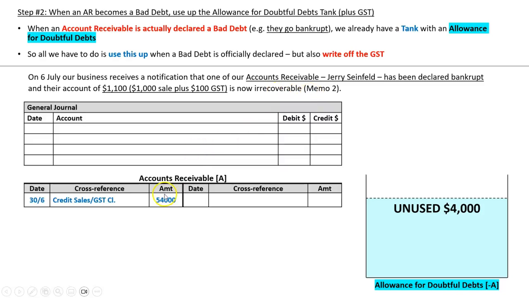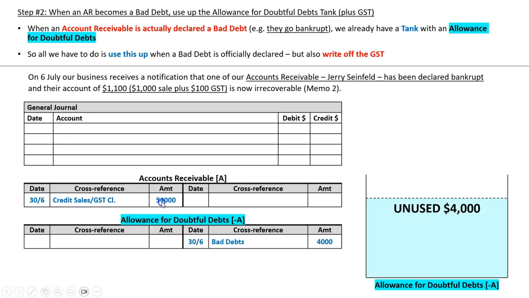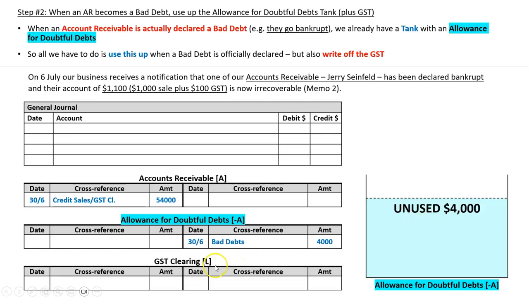So we've got the ledger account receivable, which has 54 in it. We've got an allowance for doubtful debts with $4,000, which matches our tank here. And we've got a GST clearing ledger. What we're going to do is use up our allowance for doubtful debts. We're going to use up 1,000 of it because the customer owed $1,100 and $1,000 of that was the sale. And that's this part here.